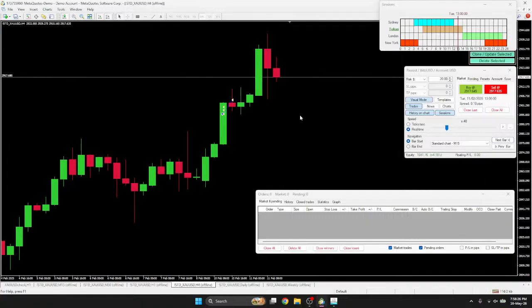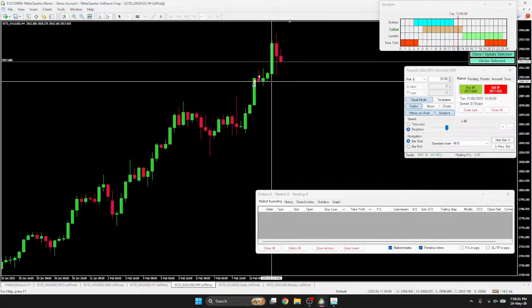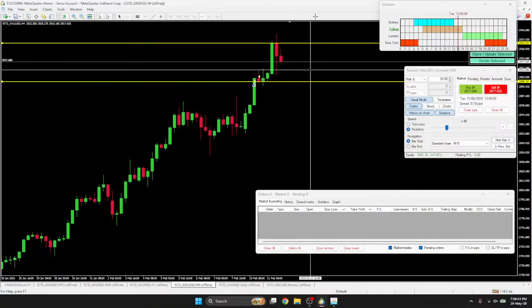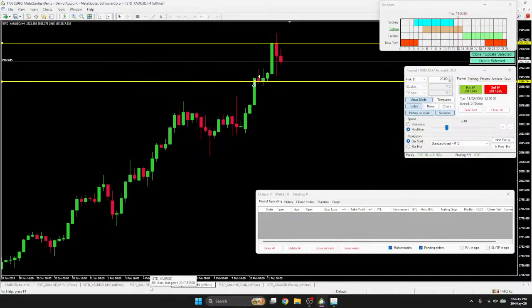If the daily candle wants to push down, the forward candle should close below the support area. Then the market will push down. So till now I'm looking for buys.